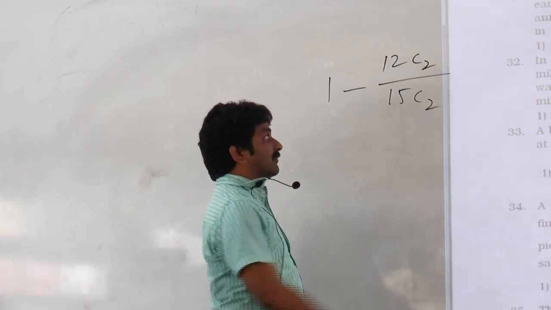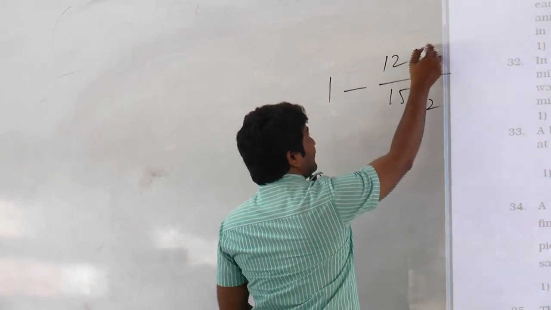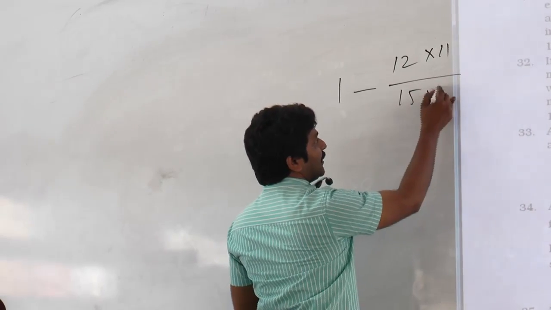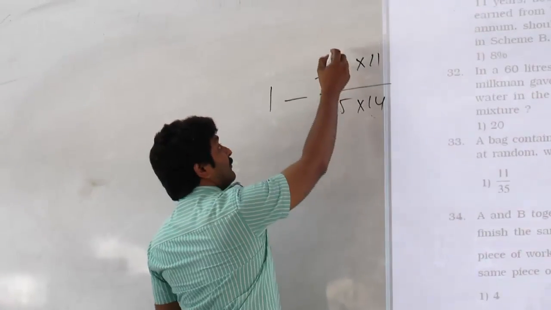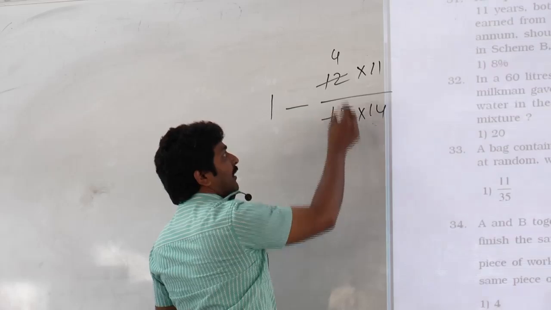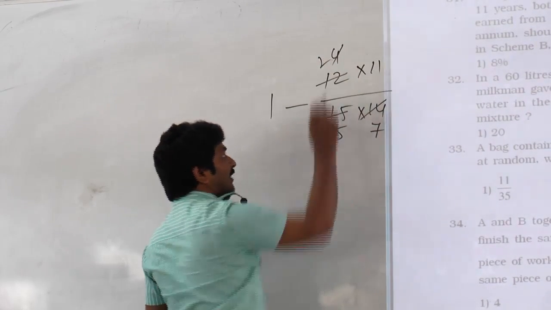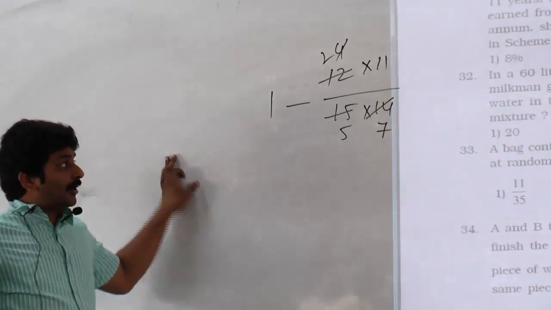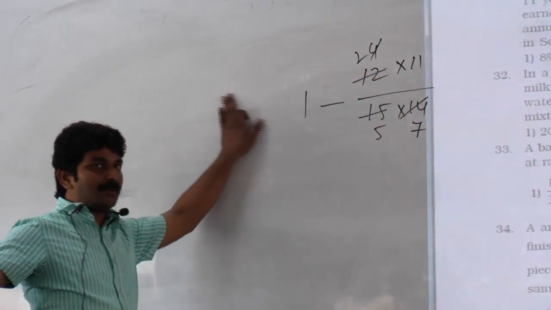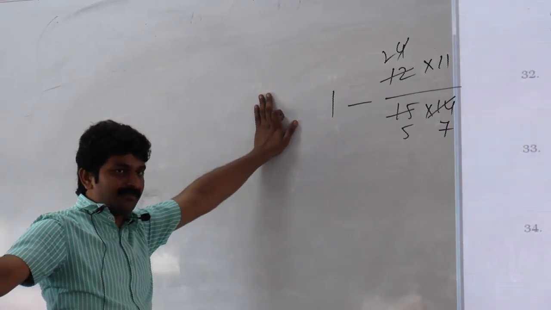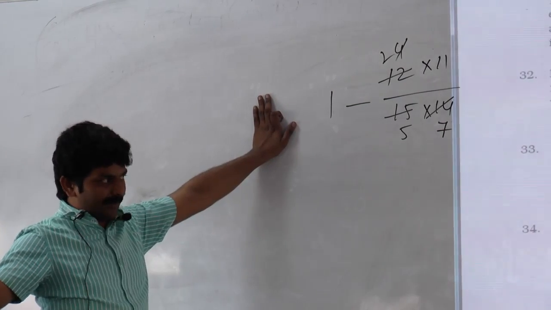You can simplify this now: 12 into 11 over 15 into 14. 3, 4 times, 5 times, 7 times 2, that gives 22 by 35. 1 minus 22 by 35 is 13 by 35.